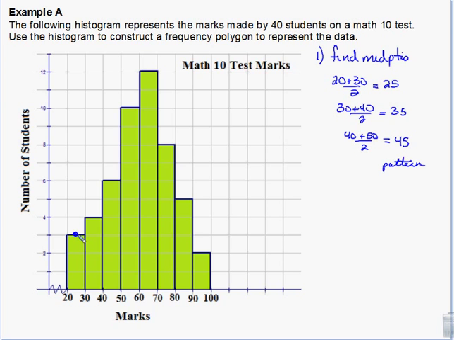So we make a dot at the top of each of these peaks in the middle. Yes, and then we connect the dots. Now, we have to go a little further than just connecting the dots.